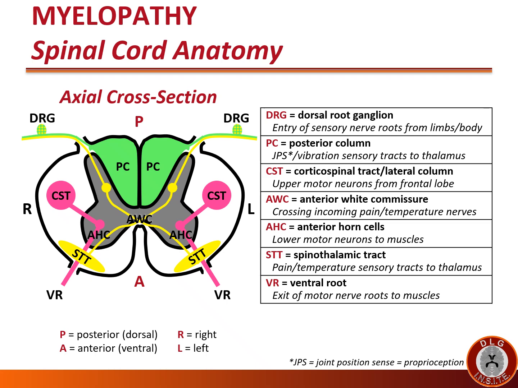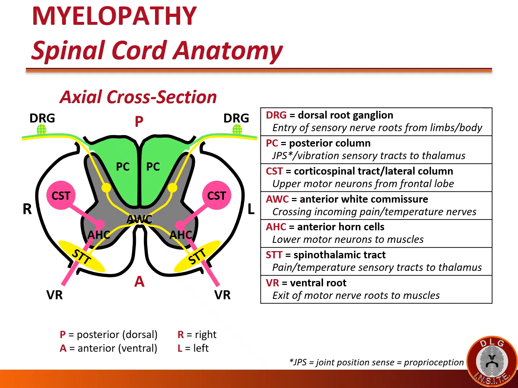You can see that posteriorly, the dorsal ganglion receives sensory nerve roots from the limbs and body. Both the large fiber neurons that carry proprioception and vibration, represented in green, and the small fiber nerves carrying pain and temperature, represented by the yellow nerves.